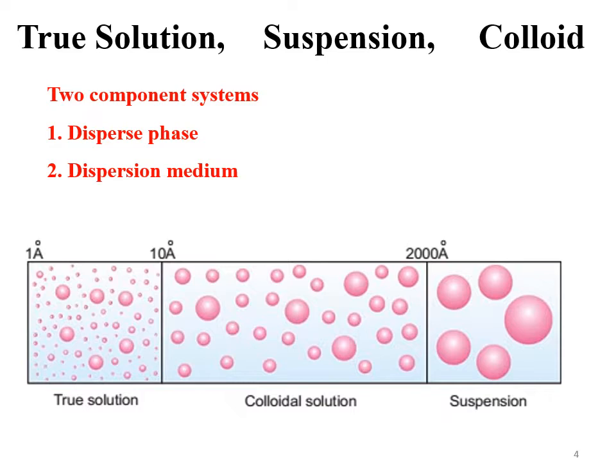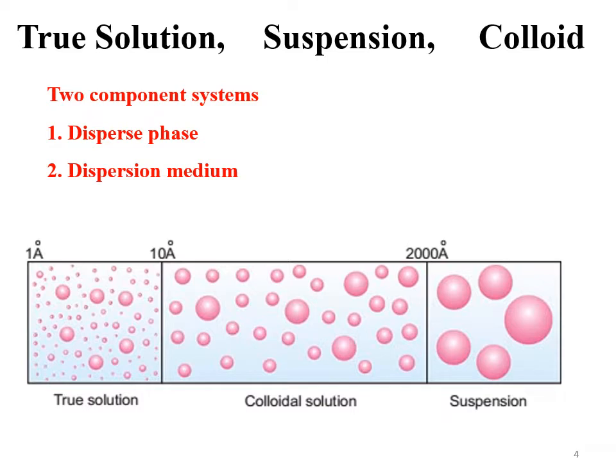In case of true solutions, the diameter of the particles of the disperse phase was in the range of 1 angstrom to 10 angstrom, while the two component systems having the diameters of the particles of the disperse phase in the range of 10 angstrom to 2000 angstrom were named as colloidal solutions or colloids, and the systems where the particle size of the disperse phase was greater than 2000 angstrom were named as suspension.